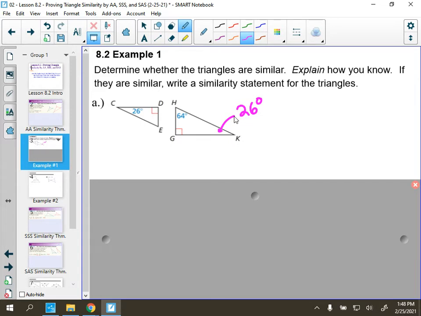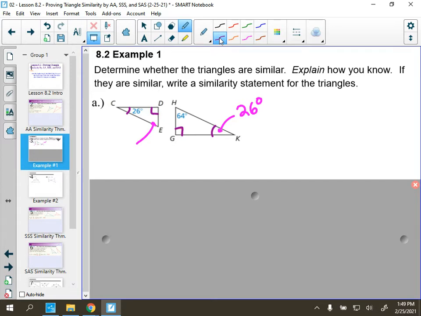I could confirm, but I'd be willing to bet without punching a single thing on my calculator that angle E right there is 64 degrees. So what have I shown? What's the point here? Well, I already know that I've got a right angle. That's one pair of angles congruent. We've just essentially shown angle C is congruent to angle K. They're both 26 degrees.